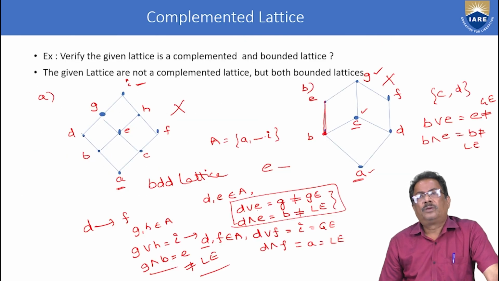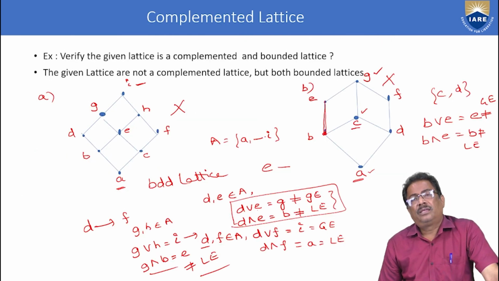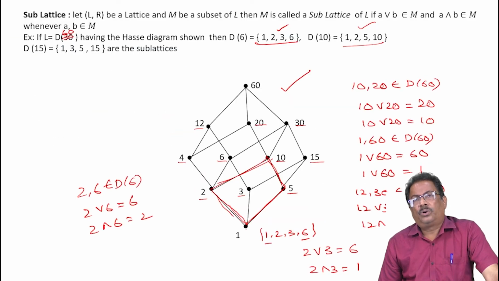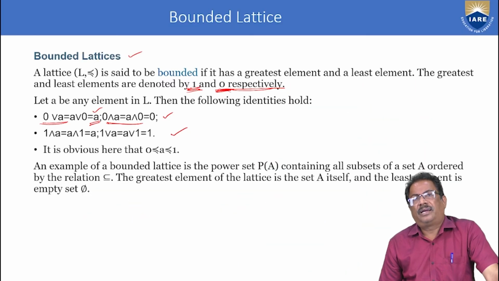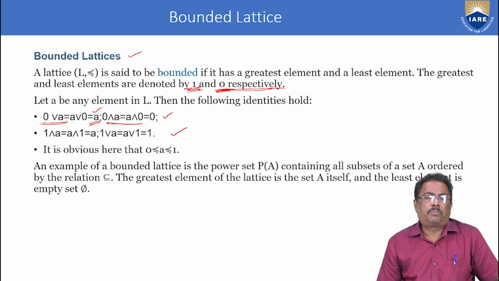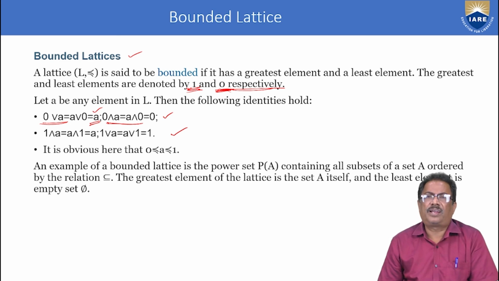So here, once again, I am just taking what is a lattice. When we say that a partially ordered set is said to be a lattice, what are the different types of lattices?